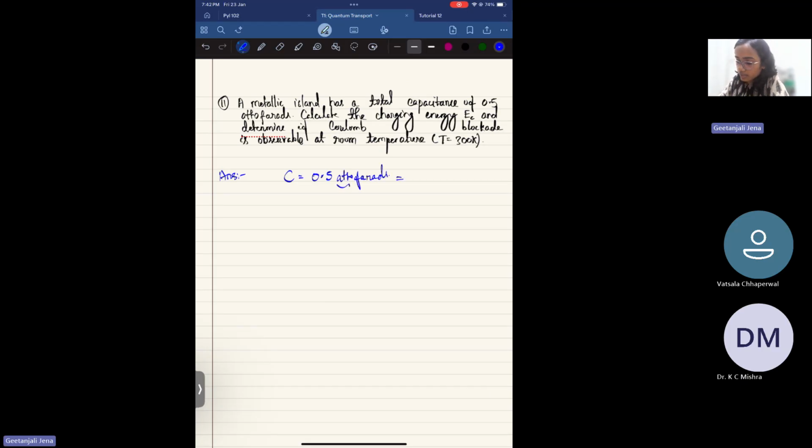Atto means 10 to the minus 18. So you need to find out what is the charging energy and decide whether the Coulomb blockade effect is observable at temperature T equal to 300 K.